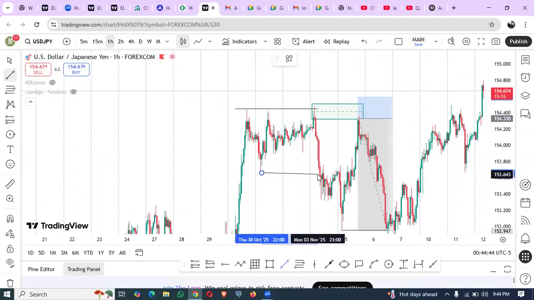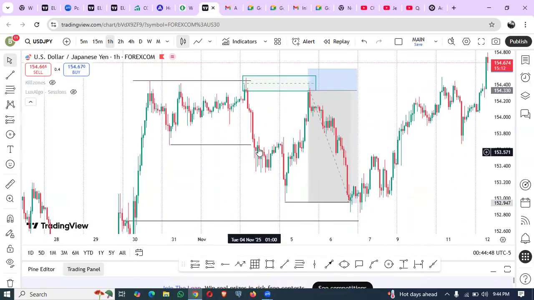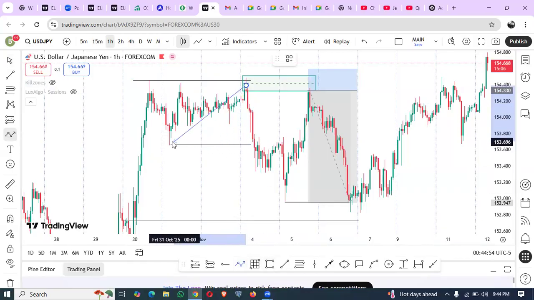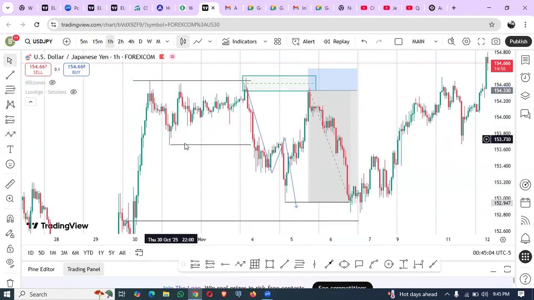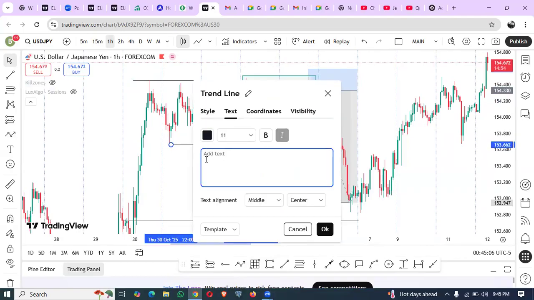So once the market closed below it, like when this market closed below here, that was our first leg, which was our impulsive push. Closing below here gave us the first breakup structure. Then it gave us a correction, went up again, continued.